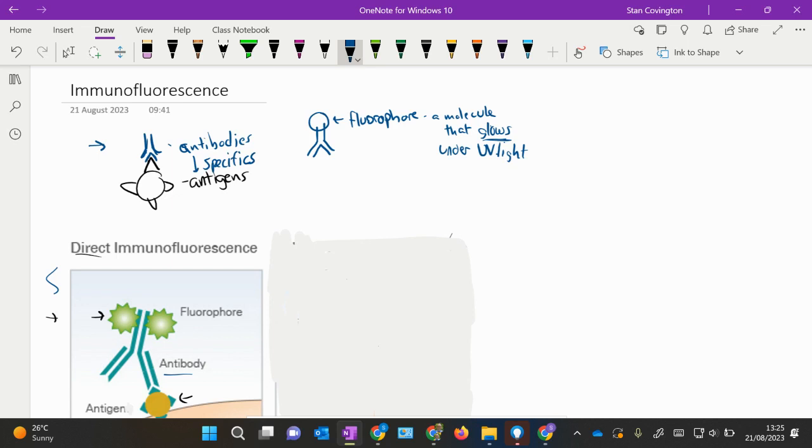Now, scientists have co-opted this system, and what scientists can do is they can make specific antibodies for almost any molecule.